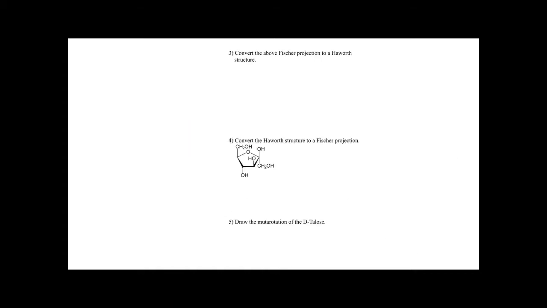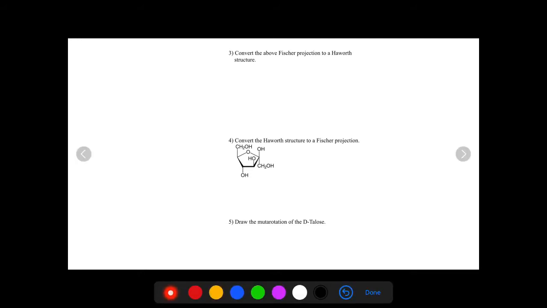Number 3 says convert the above Fisher projection to a Haworth structure. So I'm going to draw it sideways, and then we'll put it into the Haworth. If you had the OHs on the right, then you draw them going down.